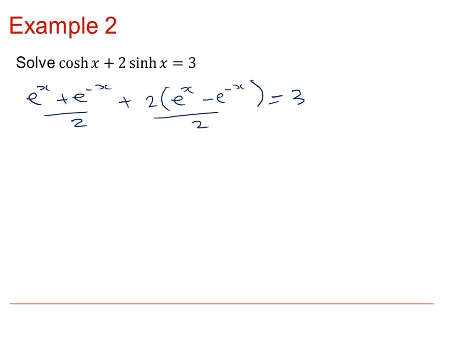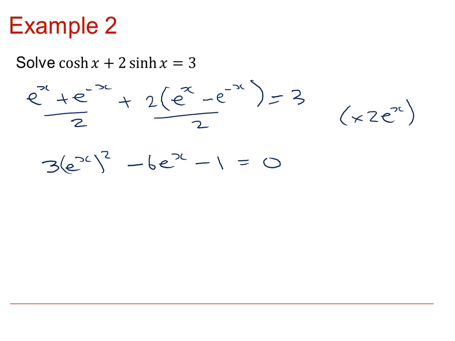If we multiply up by 2 and by e to the x again and rearrange, then we would have 3 e to the x squared minus 6 e to the x minus 1 equal to 0.